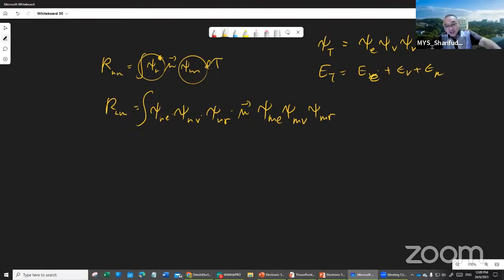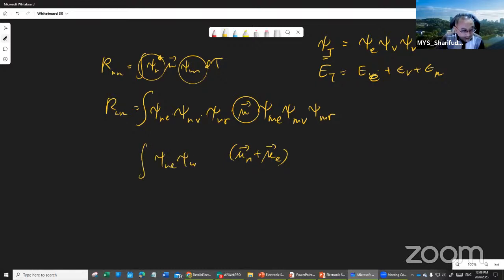So we're just expanding the psi t that we are using here. Now the mu can also be broken into mu for the nuclear motion plus mu for the electronic motion. So if we do the same thing again, we get psi n E psi n V psi n R, psi m E psi m V psi m R. Okay, this is what we're going to get.